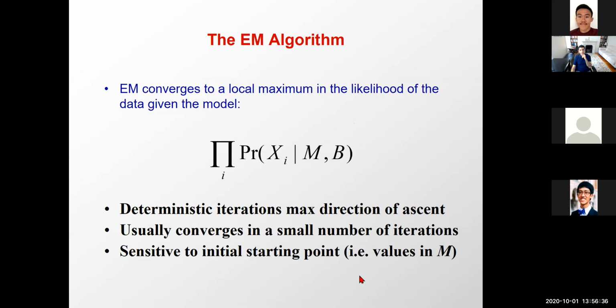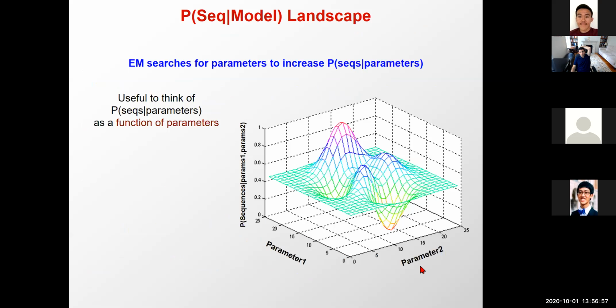Okay? So what the EM algorithm does is that it converges to a local maximum in the likelihood of the data given the model. It's a deterministic iteration with the maximum direction of ascent, and usually converges in a small number of iterations, but it's very sensitive to the initial starting point, i.e. the values of my motif.